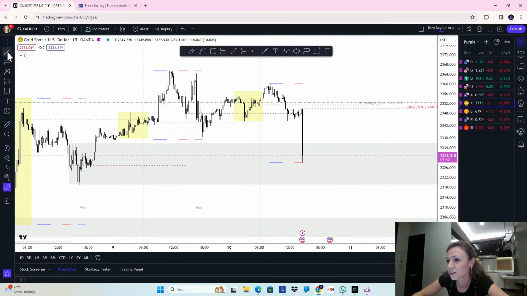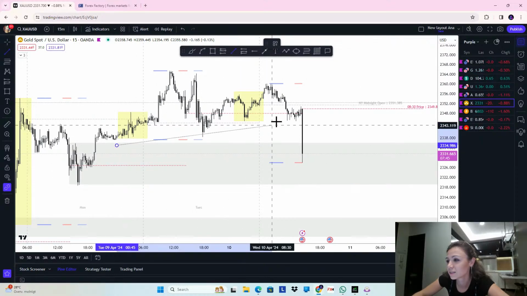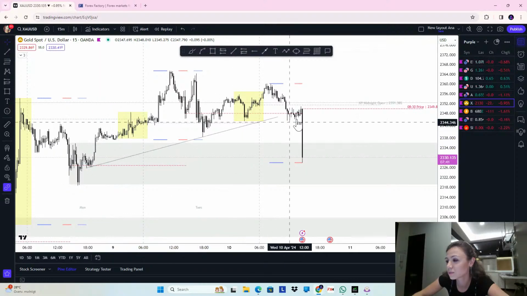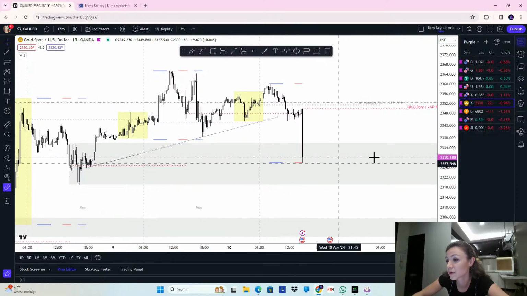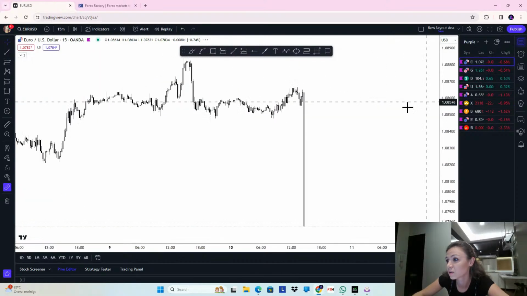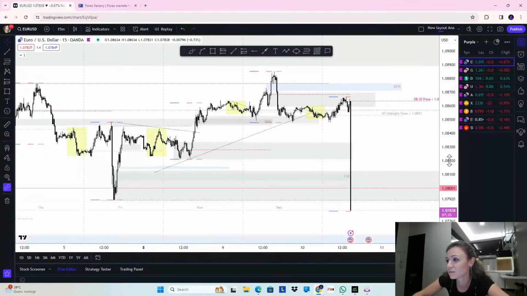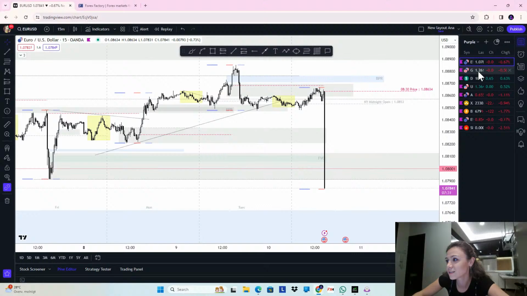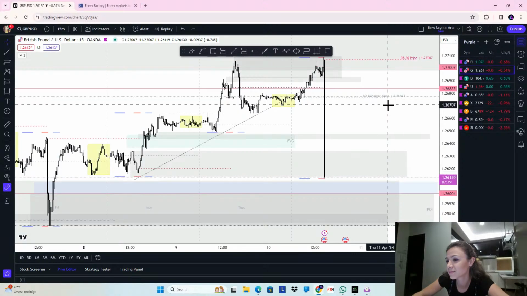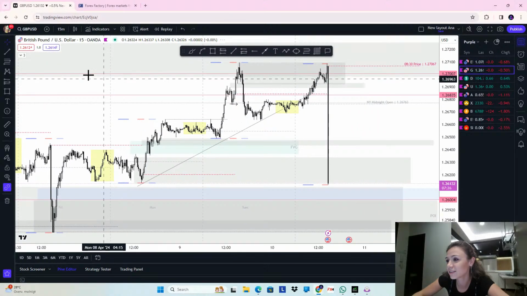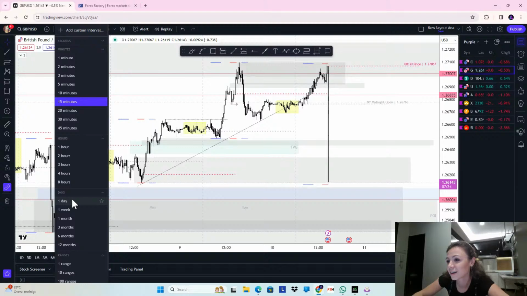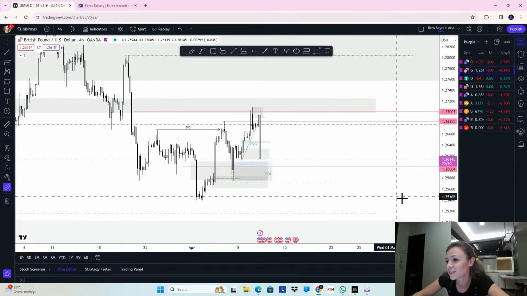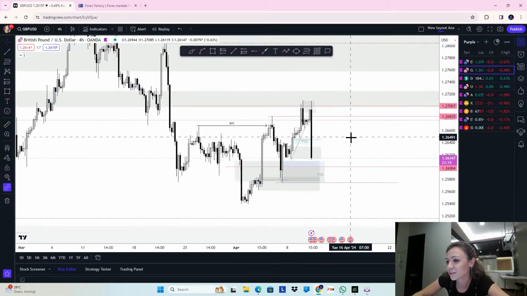We took sell side liquidity, and since gold is so bullish, I do believe that we might respect this zone, even though this is dropping like crazy. That's why I don't want to touch a real account on a CPI day.